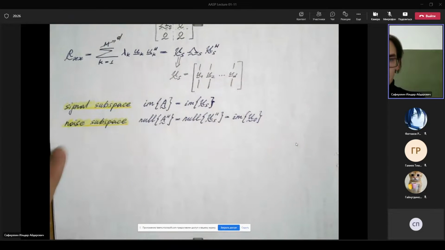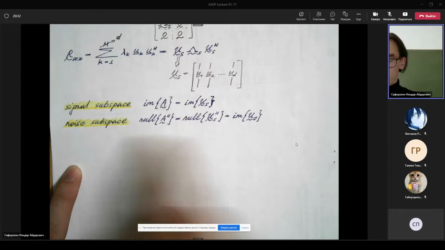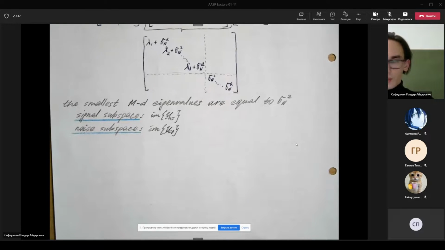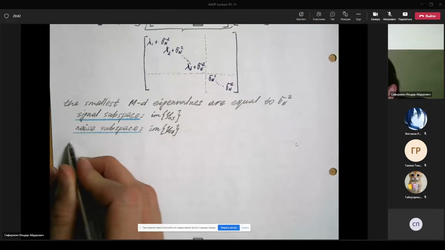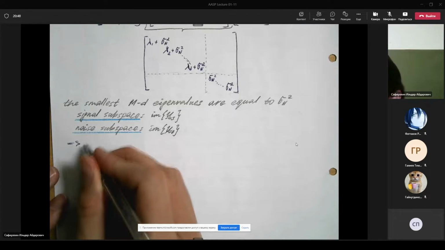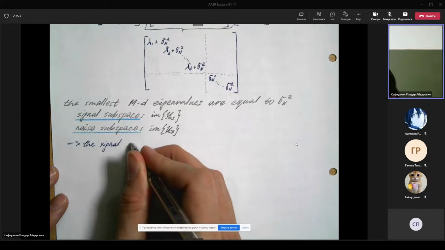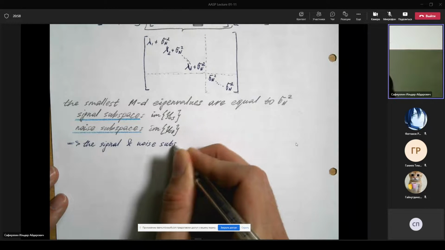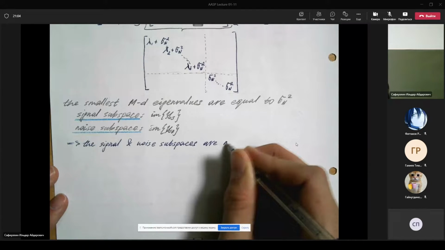So here we can see signal subspace image of U of S, here noise subspace image of U0. And here is the same thing. So we can say that the signal and noise subspaces are not changed.